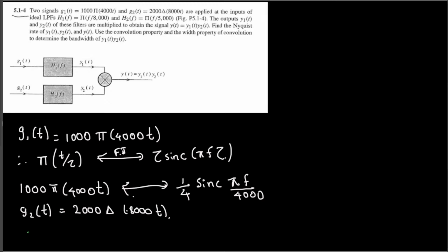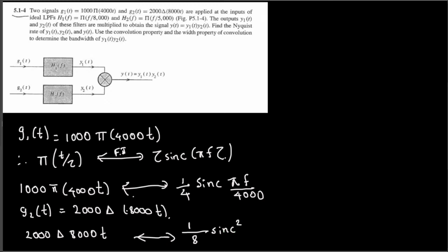So the Fourier transform of 2000 triangular(8000t) will come out like 2000 divided by 16,000, that's 1 over 8, and then sinc squared.